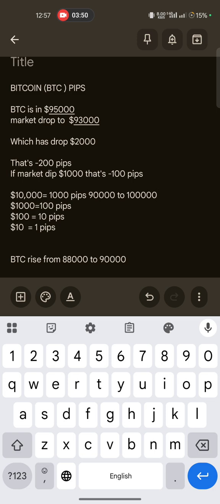Then if you remove a zero at the back of that 10,000, it will remain 1,000, which means the market pumped 1,000 pips from 90,000 to 100,000. It's the same thing. If the market pumps from 90,000 to 91,000, which means the market pumped 100 pips.